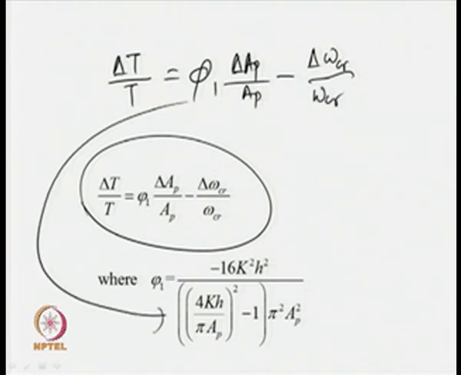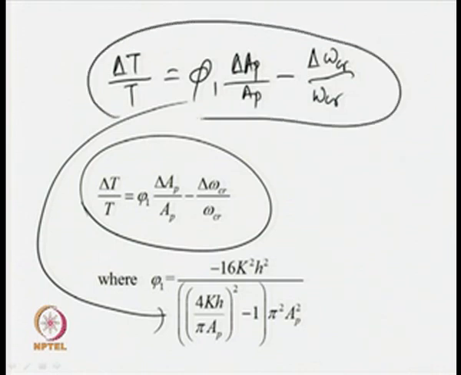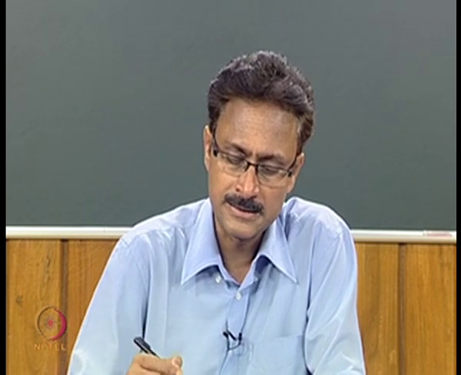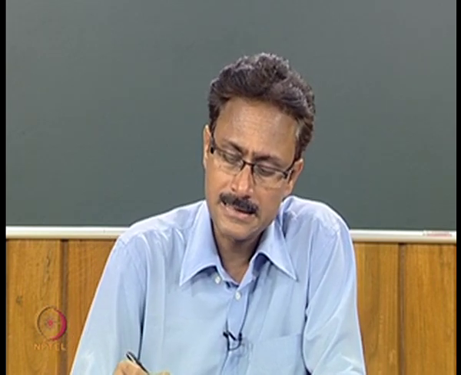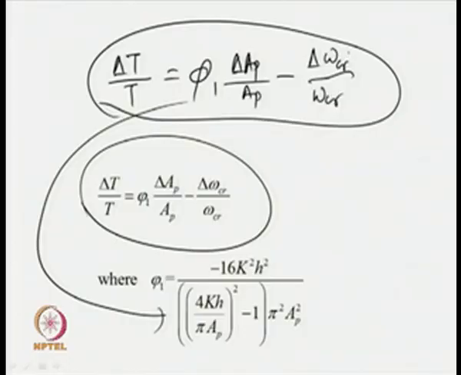Now, what information will we get from this relative error? You see, if there is relative error in the measured quantities omega c r and the peak amplitude, which one is going to contribute more to the relative error associated with the time constant?